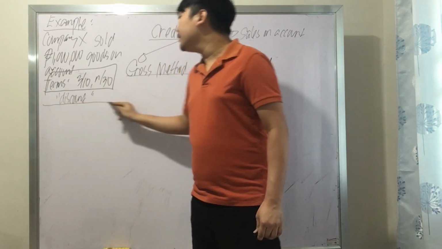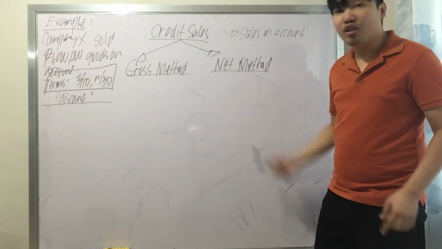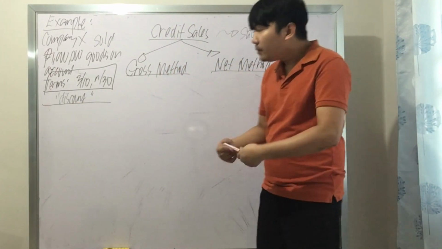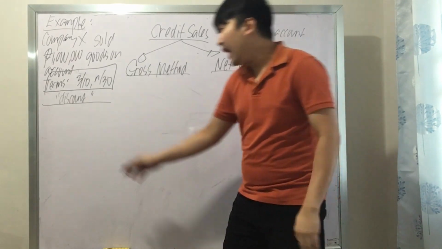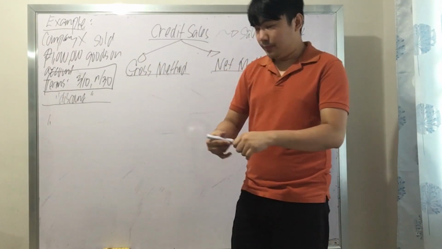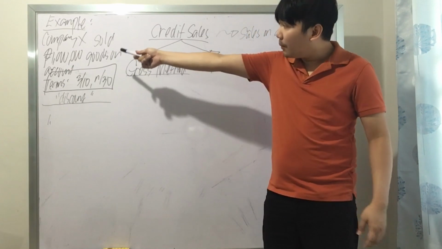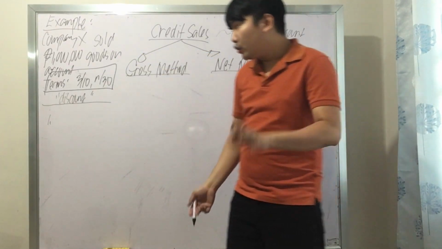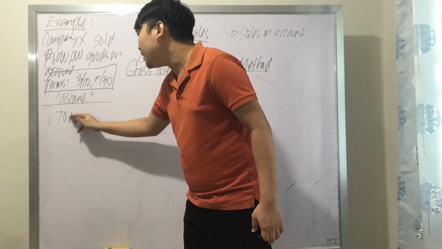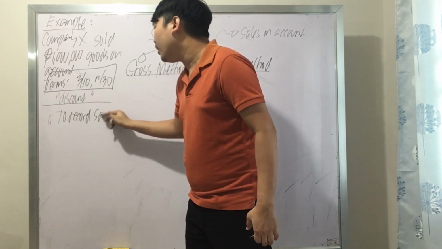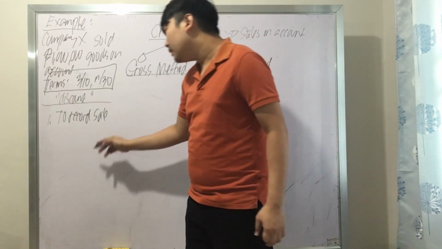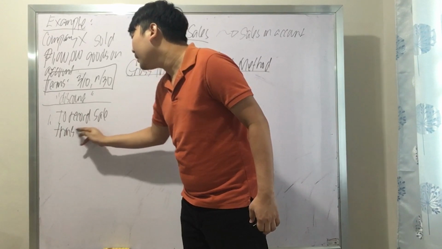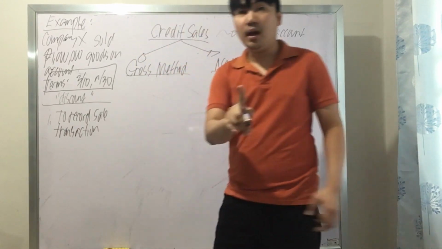So, as I differentiate these two methods, class, let's have 3 transactions or 3 scenarios to record with from this transaction. To record sale. Ayan, to record sale. Okay, to record sale transaction. Okay? O yan ang una.